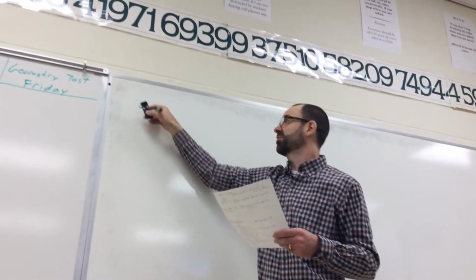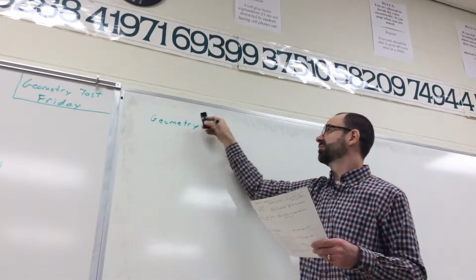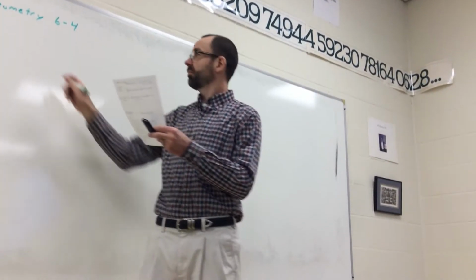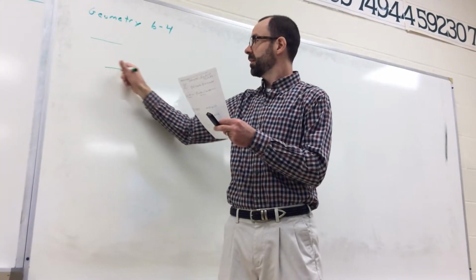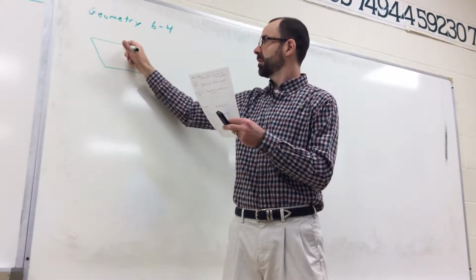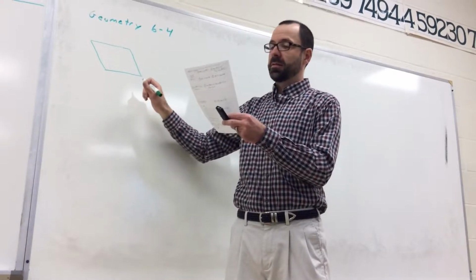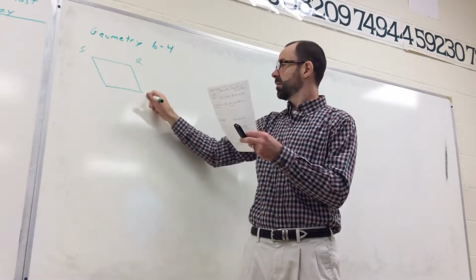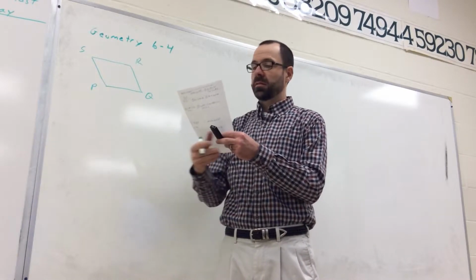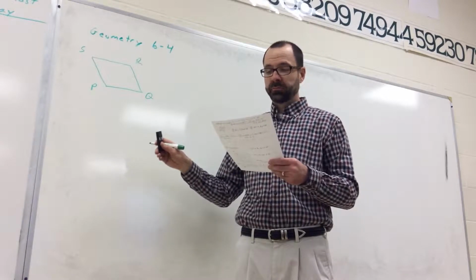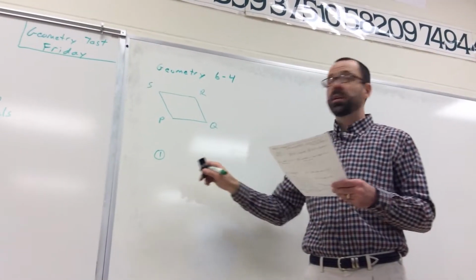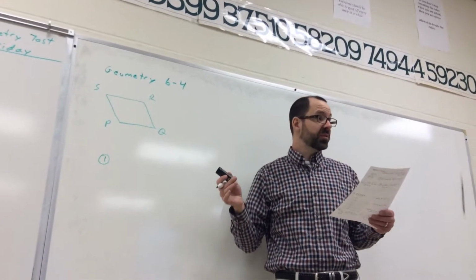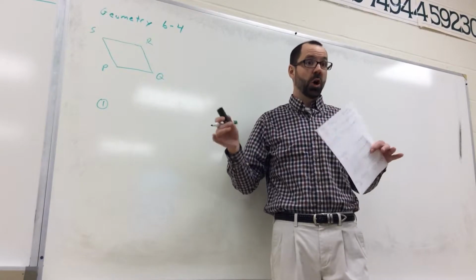So this is Geometry 6-4. There's a picture of this four-sided figure, and the directions say that it's a rhombus. So we know that this is a rhombus.